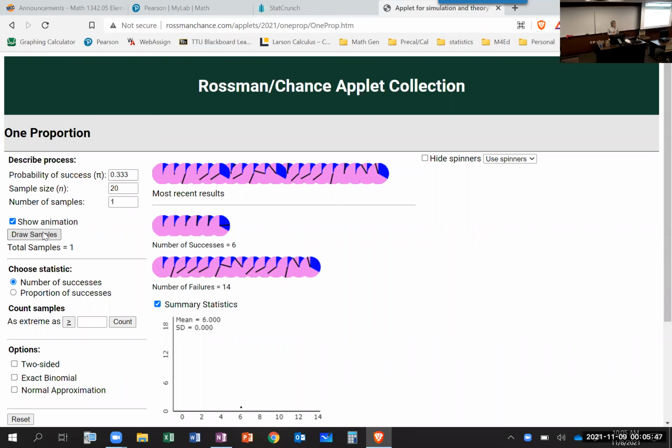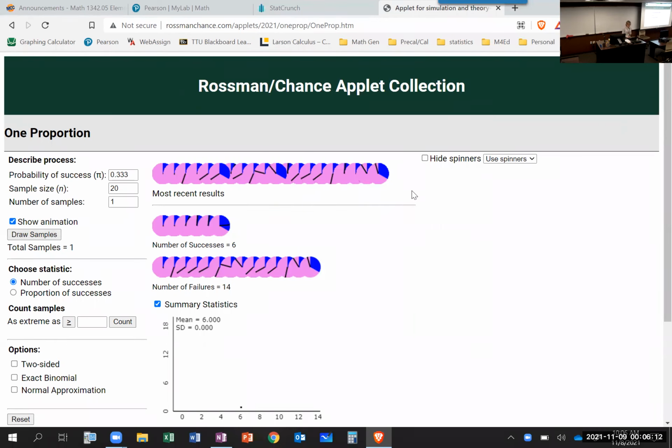So what we're trying to figure out is, how unusual is it for the person who ran the original experiment to get a 4 out of 20, or 20% of the time? That's what we're looking at.